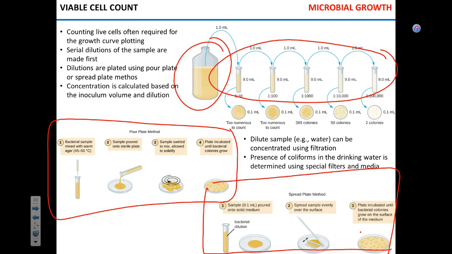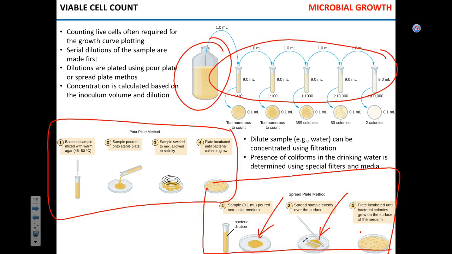Spread plate, as we discussed, is a fairly simple approach. You take certain volume from the dilution, place it on the Petri dish, and then spread it over the surface with a hockey stick.